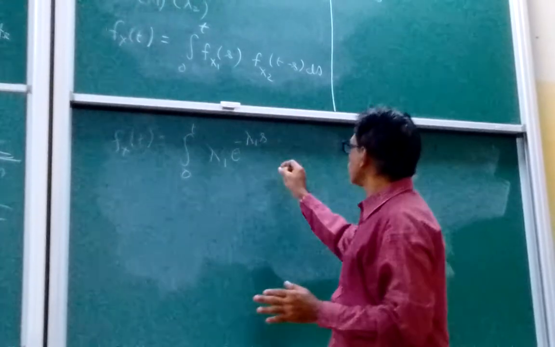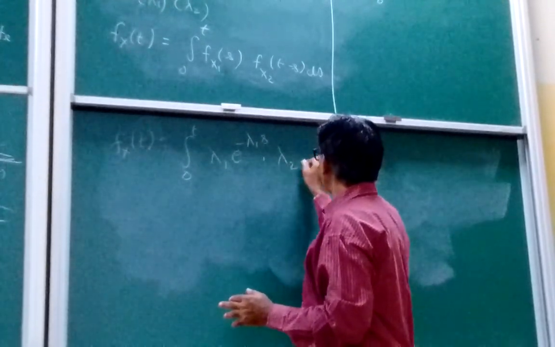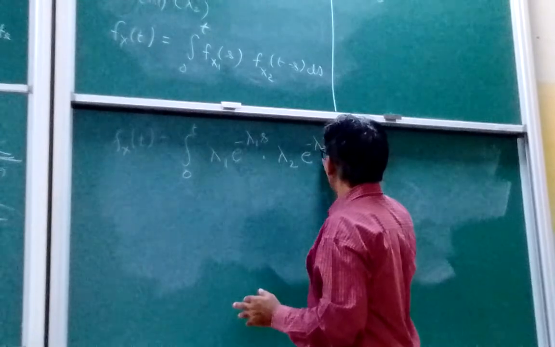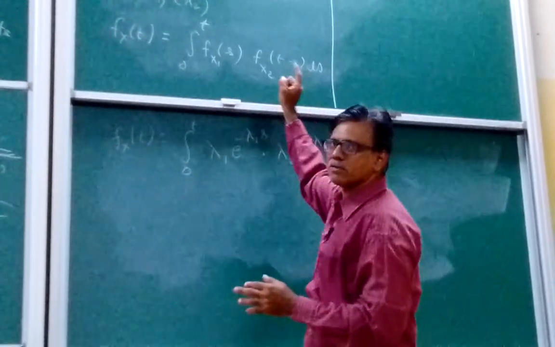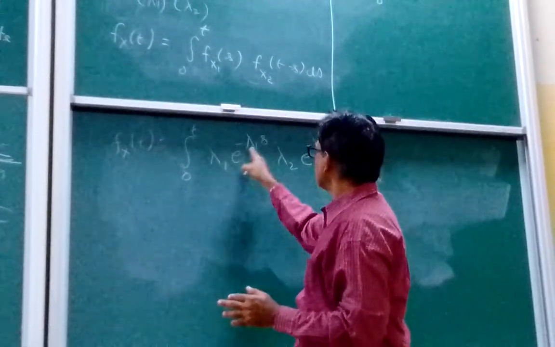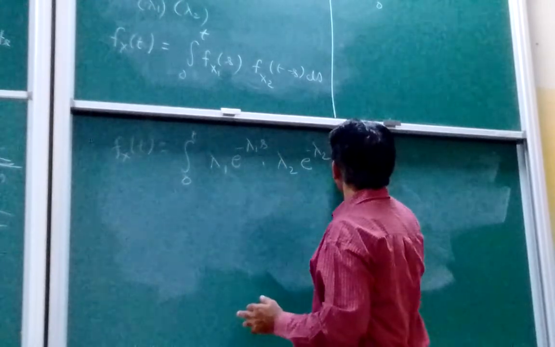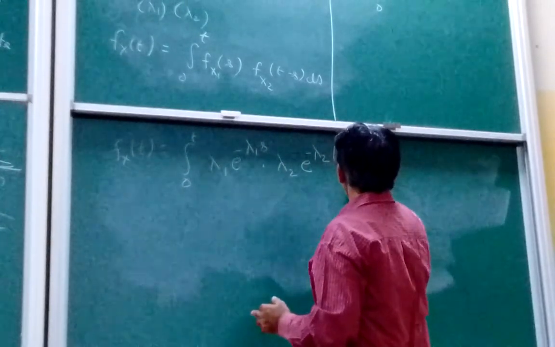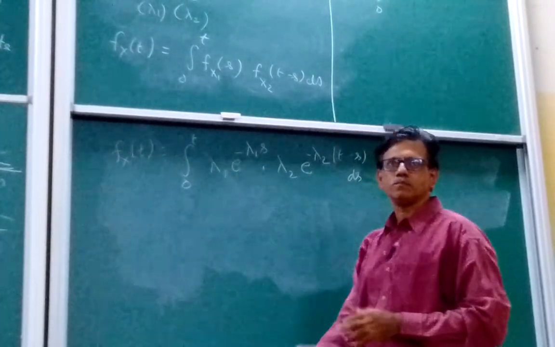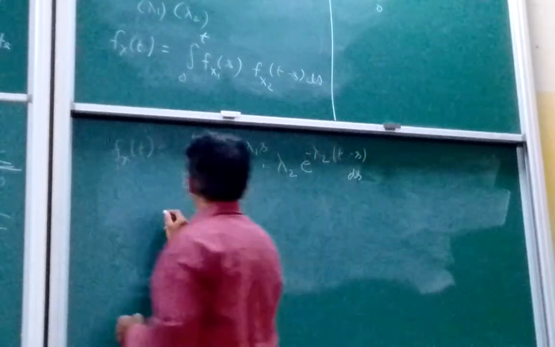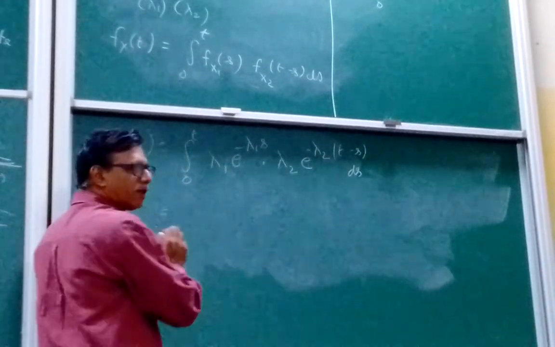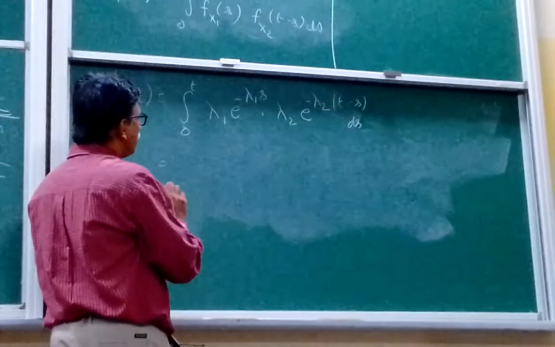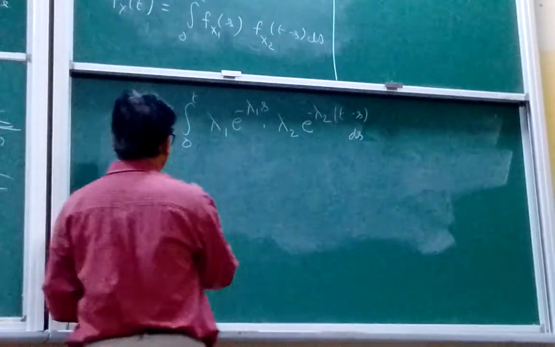And fx2 is lambda 2 e power of minus lambda 2 evaluated at t minus s. This is at s, this is at t minus s. Right? So we will take out whatever is possible outside the integral.